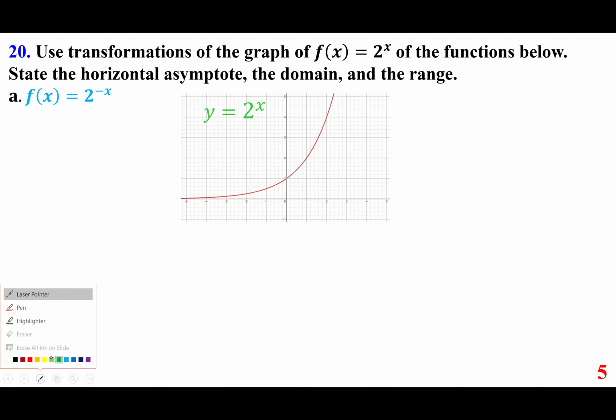In this case, as I mentioned in the previous page, when a is larger than 1, the graph looks like that. So if I change it to 5^x, 8^x, 10^x, generally speaking, it looks like that, with the y-intercept at (0, 1).